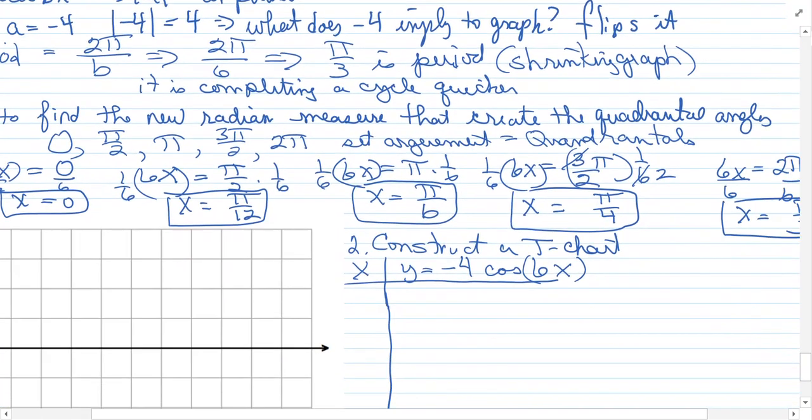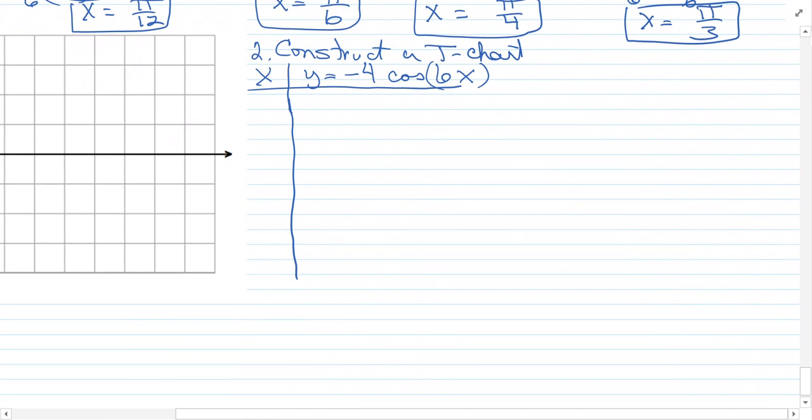Look at the function. We are good. All right. So our first new radian measure was 0. So y equals -4 cosine of 6 times 0. So that equals -4 times, the cosine of 0 is 1. So I get a -4. 0, -4.